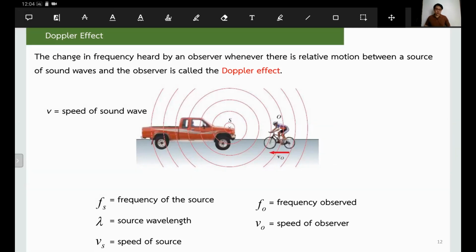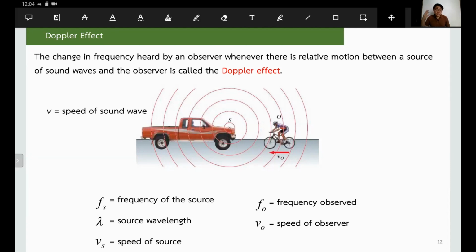So we're going to start with the Doppler effect, which is the effect due to the movement of the source or the observer relative to the wave itself. You understand that every time the wave hits, because we are focusing on sound waves right now, every time you have the sound hitting your ears, you receive the sound's frequency at some value.